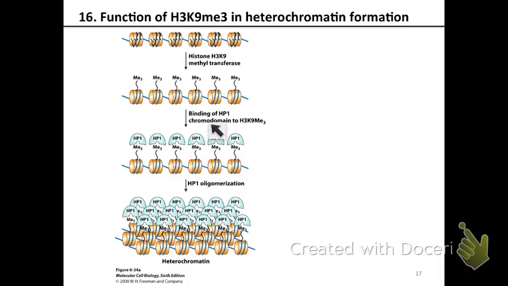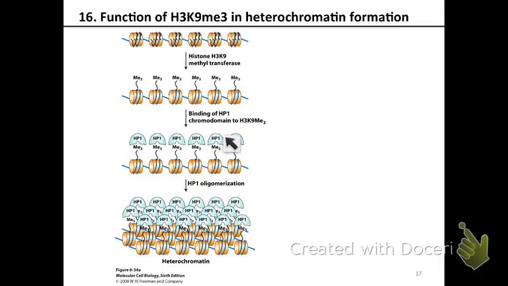And this HP1 protein has a protein domain called chromodomain that binds to methylated H3K9. Its structure is such that it only binds to methylated H3K9. It doesn't bind to it when it's not methylated. Okay? So when HP1 binds to these methyl groups, it also has a different region of the protein domain that helps it to oligomerize.